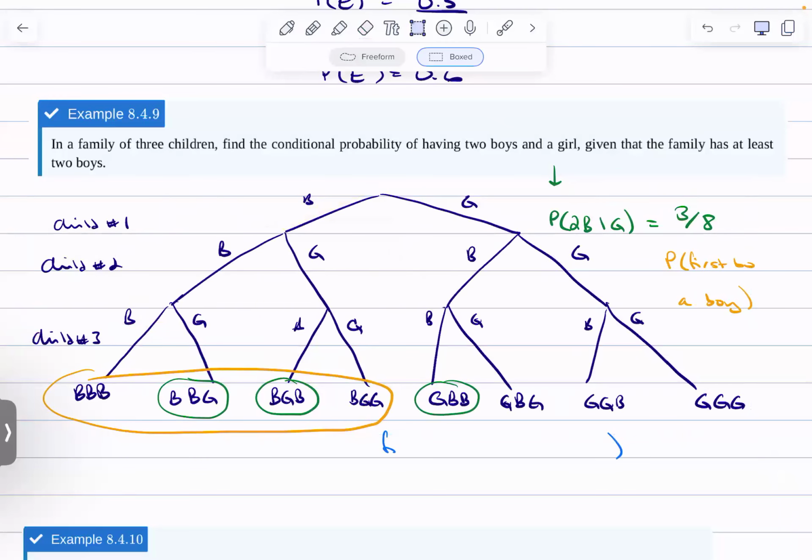And then the second one, the given information, the family has at least two boys. Let's call this F. At least two boys is two or three boys.